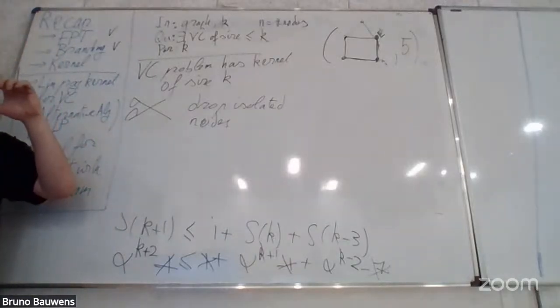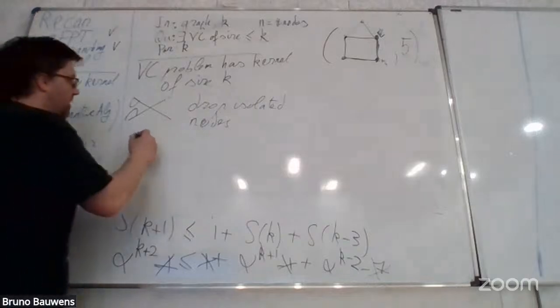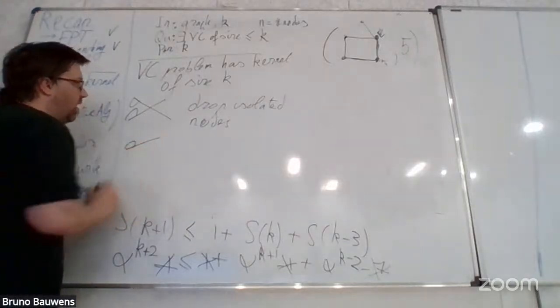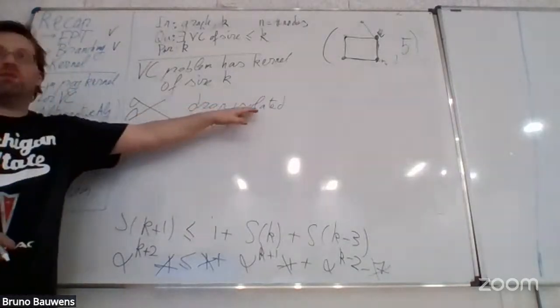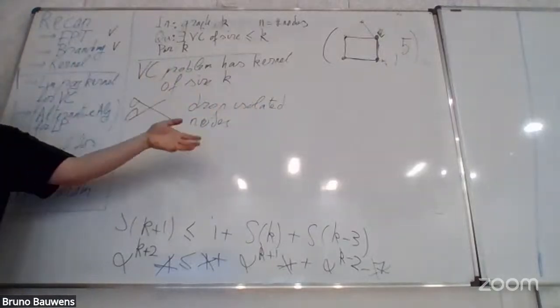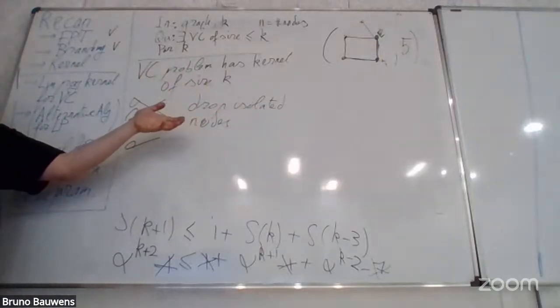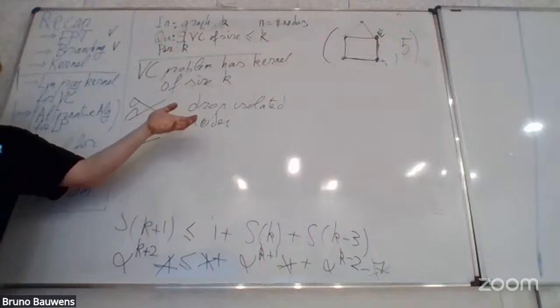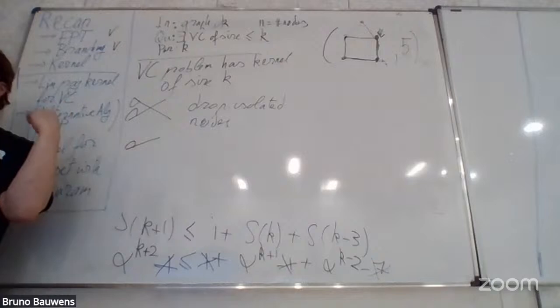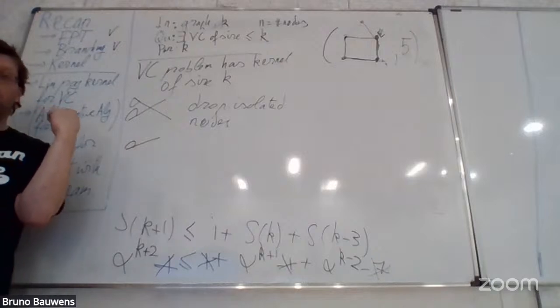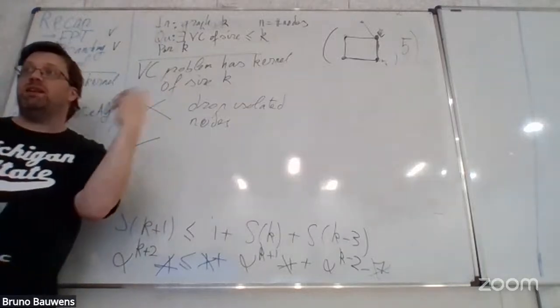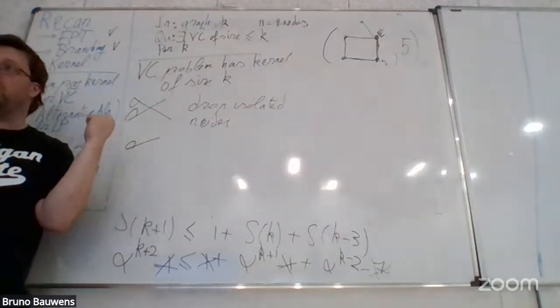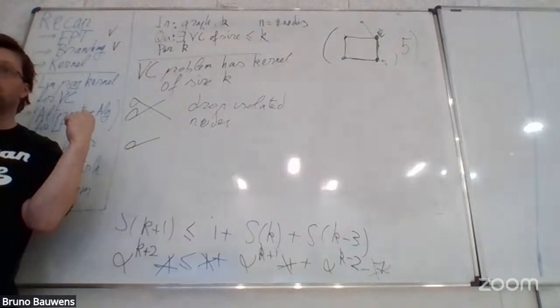So do it iteratively. So second thing, what if a node has a very big degree, a degree more than k? What should we do? Yeah, we need to take it in the vertex cover. And do it with the edges. Yeah. Why? What happens if we don't take this node of degree k plus 1 in the vertex cover?